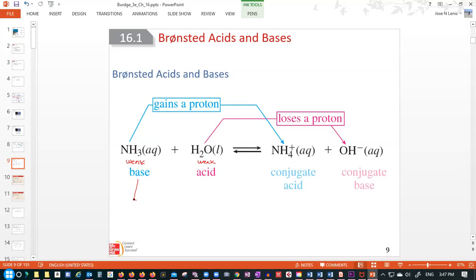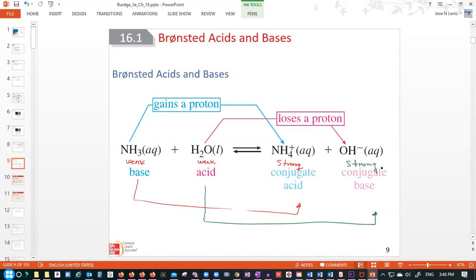This weak base forms a conjugate acid, but this conjugate acid is strong. Conversely, this weak acid forms a conjugate base. What did we say about this OH minus in terms of strength? We said this is the most basic species, so it's very strong.